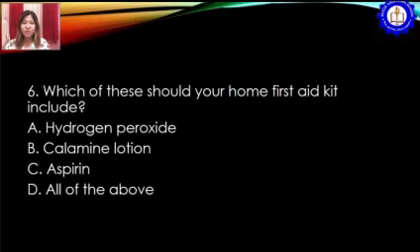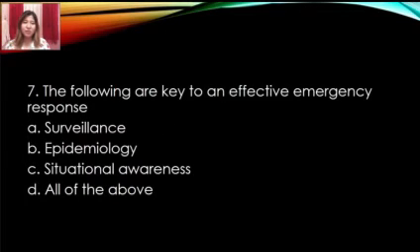Next, which of these should your home first aid kit include? So, ano kaya ang dapat na nasa first aid kit ninyo? Is it hydrogen peroxide, calamine lotion, aspirin, or all of the above? And the last one, the following are key to an effective emergency response. A, surveillance. B, epidemiology. C, situational awareness, or D, all of the above.